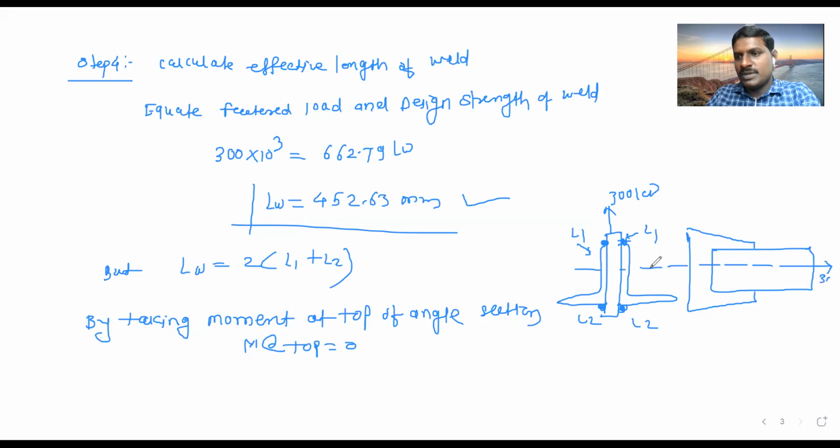This is your 300 kilonewton force, this is L1, this is L2 length, this is CXX, and this is your CG.